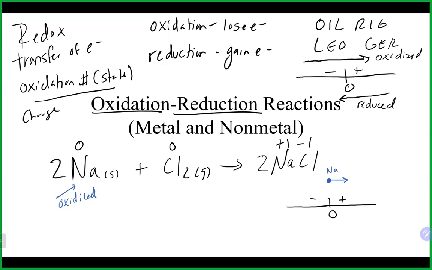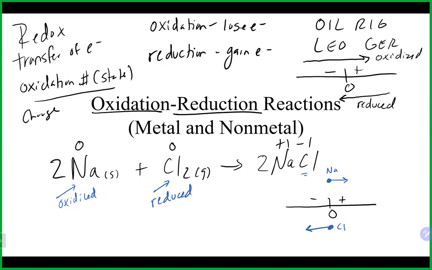Now, one of the nice things about this is if I'm confident that sodium is being oxidized, by default this guy right here has to be reduced. But you could also do it for the chlorine. If we look at the chlorine, it started at 0, which is about here, and it ends on this side at -1, which means the chlorine is moving in the negative direction, gaining electrons and going through reduction.